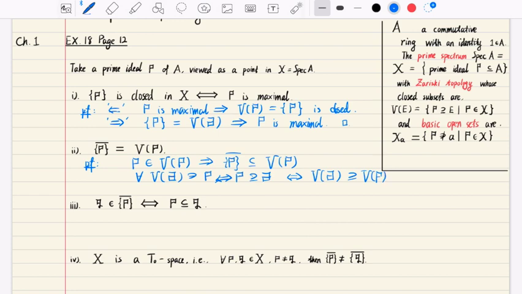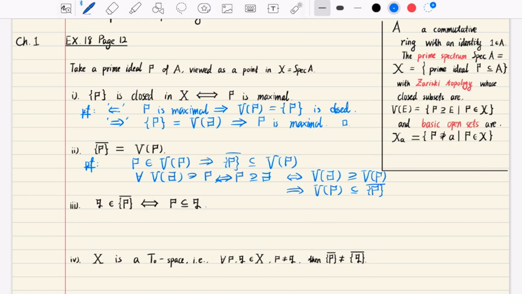This is correct for any closed subset containing P. So V(P) must be contained in the closure of P.